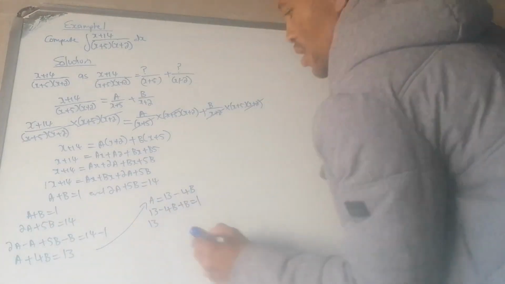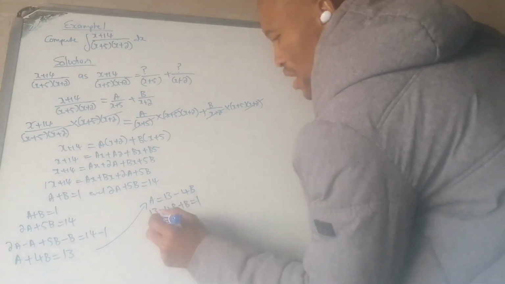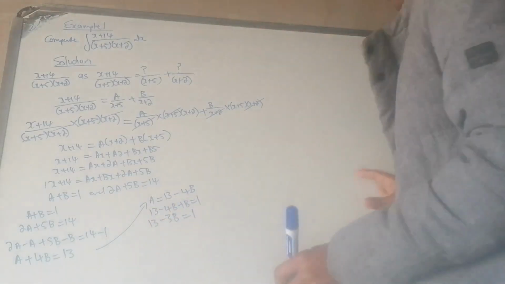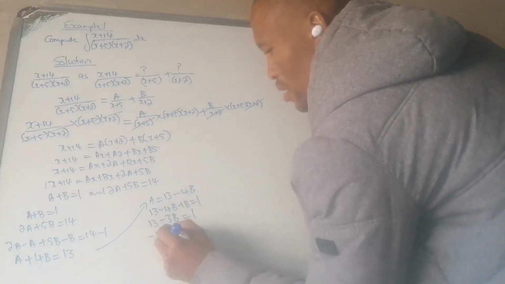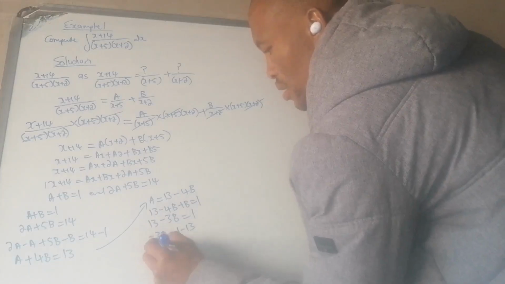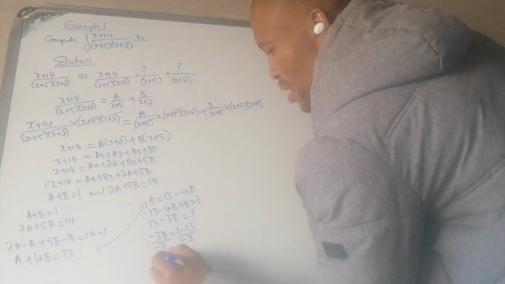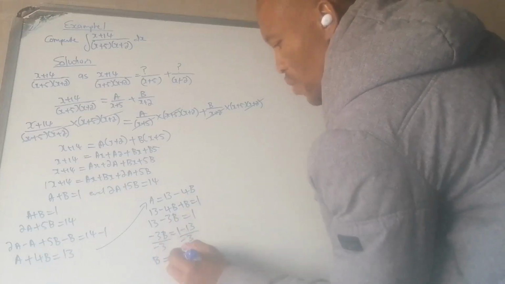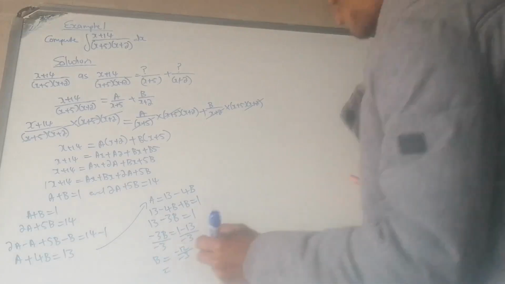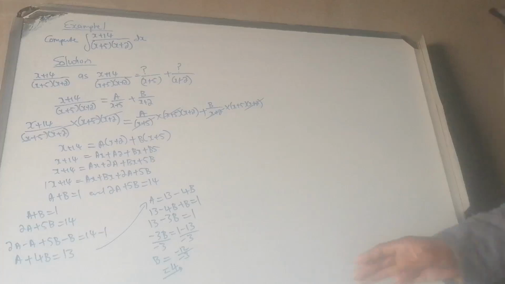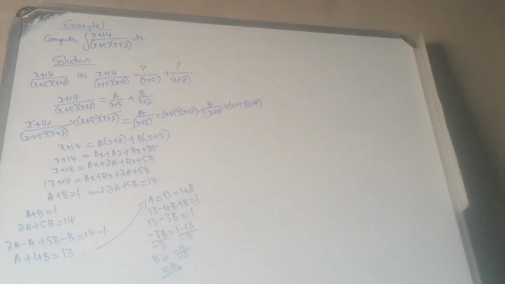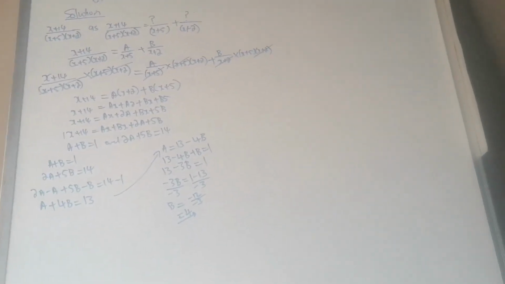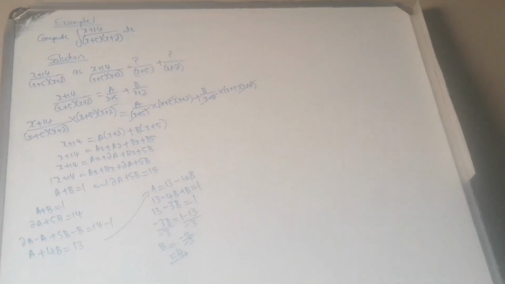And I can say 13, what is minus 4B plus B? That is minus 3B equals 1. Take this to the other side, minus 3B equals 1 minus 13, B equals minus 12 over minus 3, 3, 6, 9, 12, giving me B with a value of 4. Very, very important that we see that.